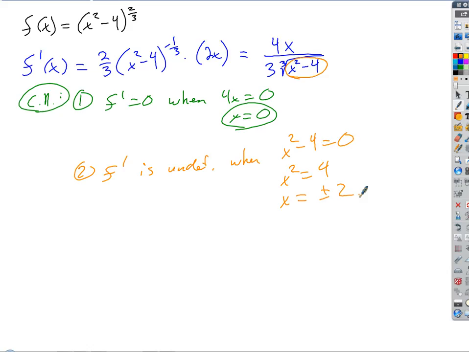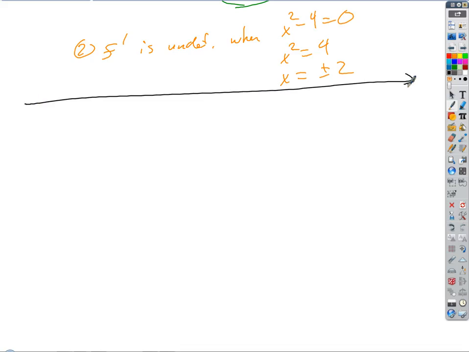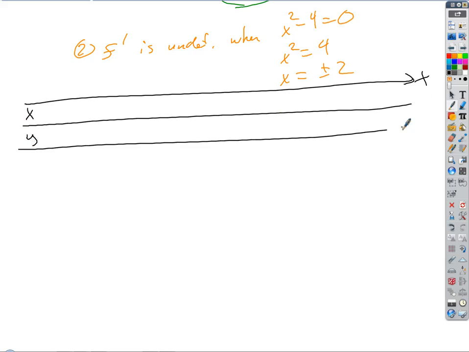All right, so now let's make our table. So there's the x-axis. I guess we'll call, how about I call it f? The word f.